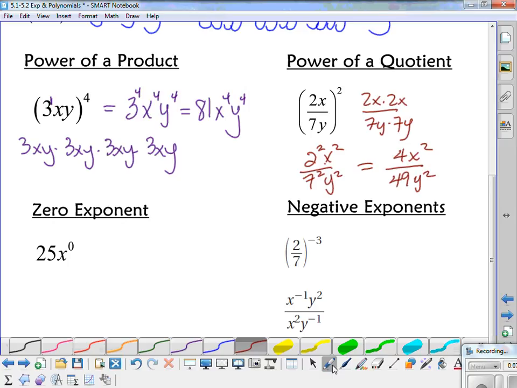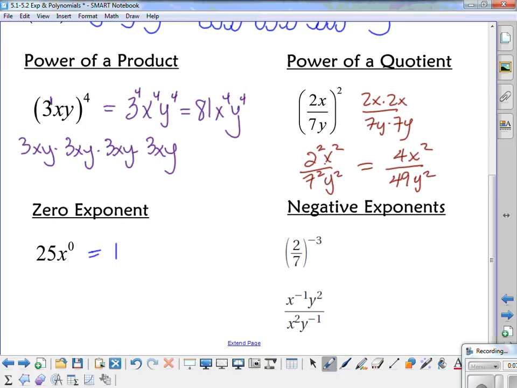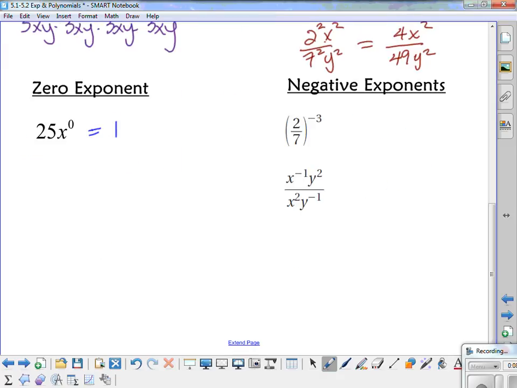So anything to the 0 power is equal to 1. Very good. And does it matter how big the number is? If it's 6,235,875 to the 0 power, it's still going to be 1. Okay? And now that we've talked about those other properties, you can kind of see how it works out.